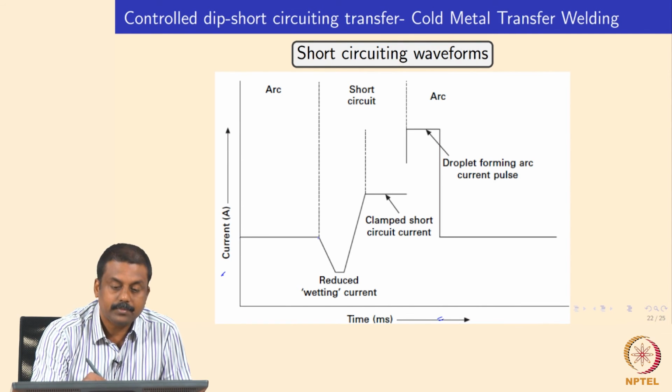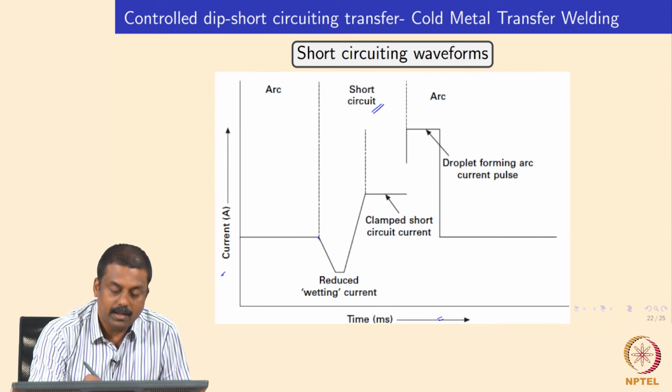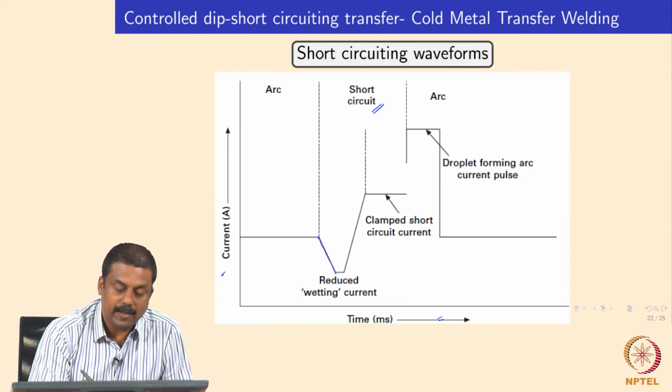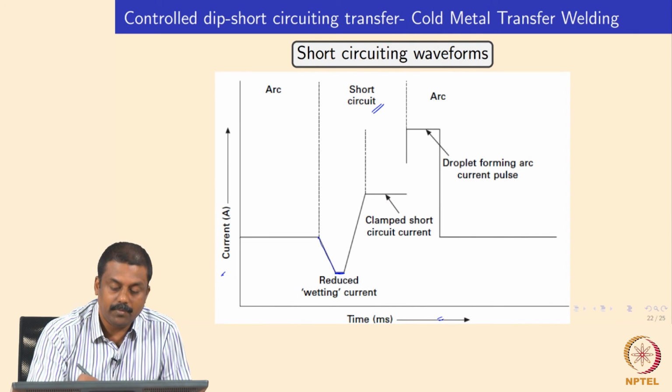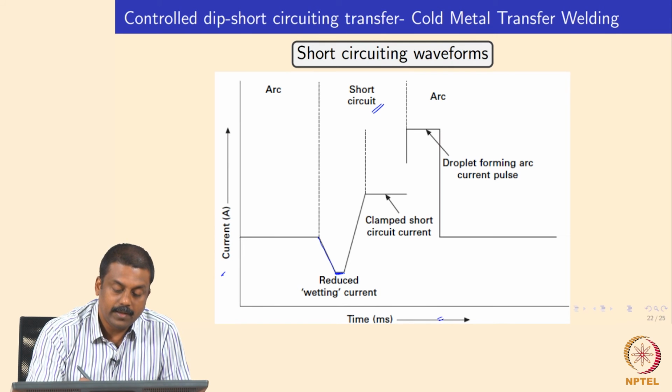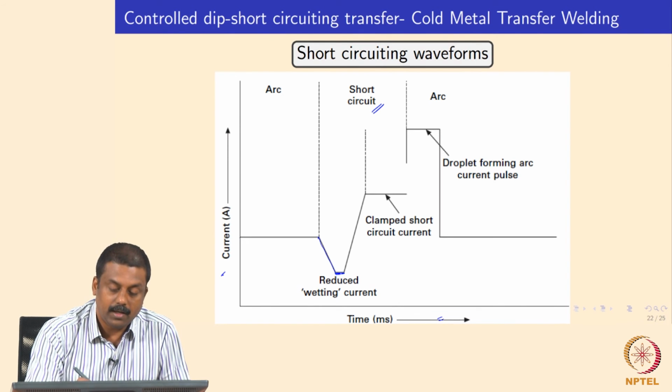During this process, the moment the short circuit is established, the current reduces significantly and then maintains at a very low current, which is known as the wetting current, which is used to form a pinched neck of the droplet. Then when your current becomes extremely low, the arc also extinguishes, and because of that your heat input decreases significantly.